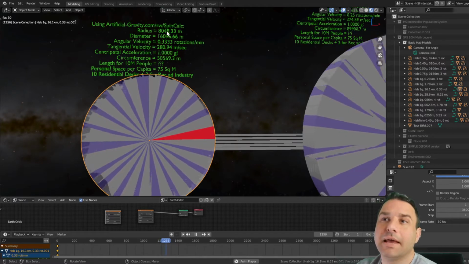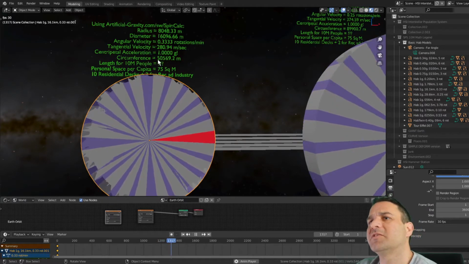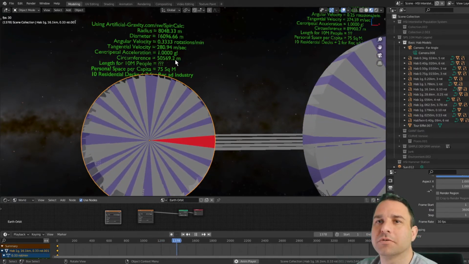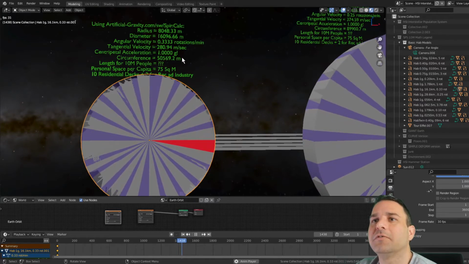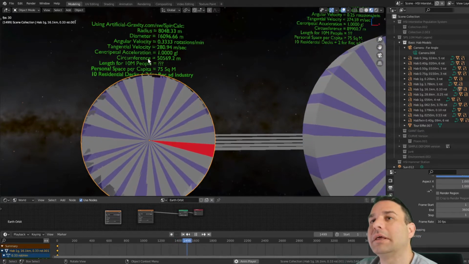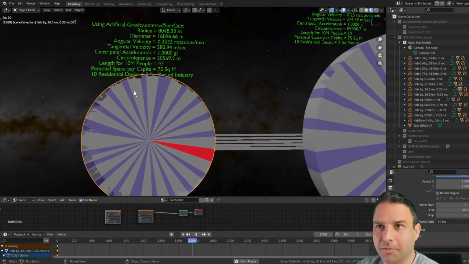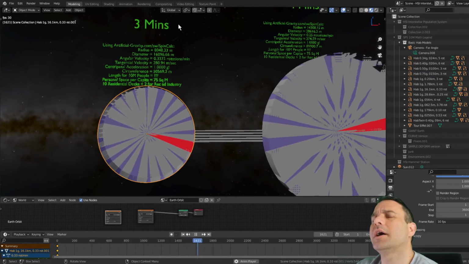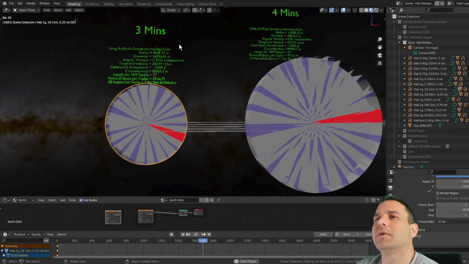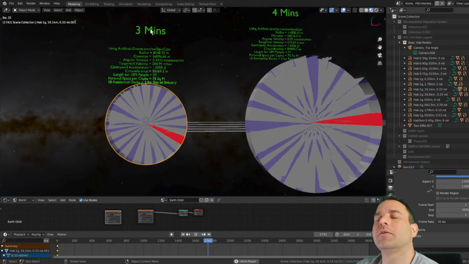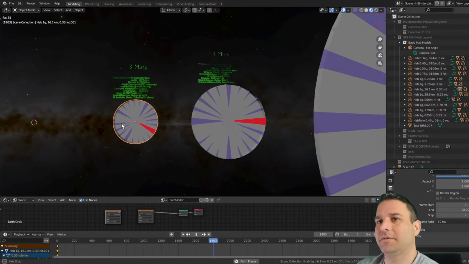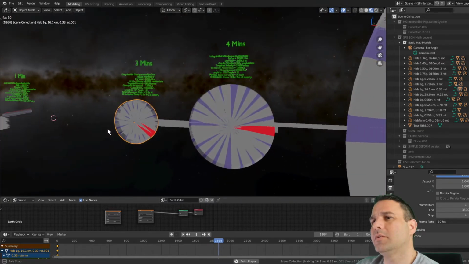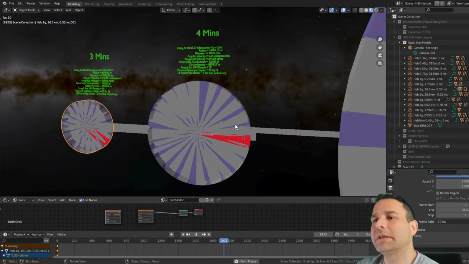Radius of 8 kilometers, circumference 50,000 kilometers. I'm sorry, 50 kilometers. What am I talking about? It's a circumference of 50 kilometers, has a spin rate of once every 3 minutes. Here's once every 4 minutes.